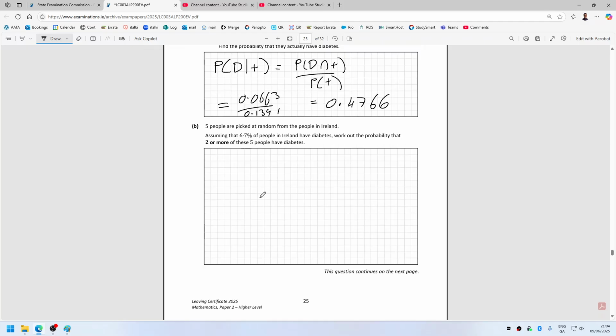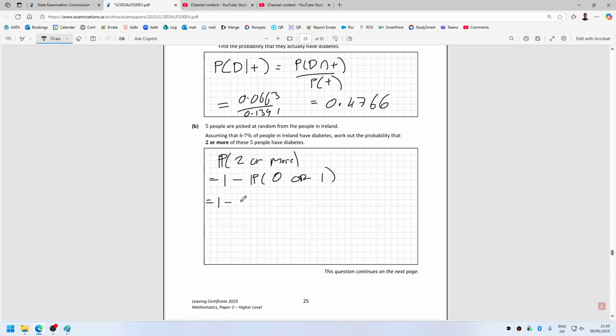5 people are picked at random from the people in Ireland. Assume that 6.7% of them have diabetes. Work out the probability that 2 or more of these people have diabetes. So the probability of 2 or more is equal to 1 minus the probability of 0 or 1.